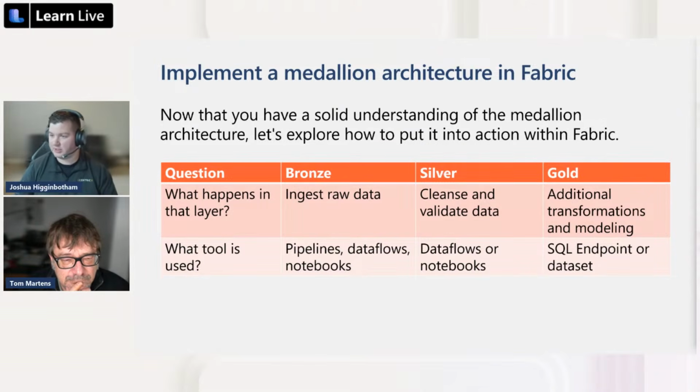As Tom mentioned, you have this hierarchical structure that you've defined within the medallion architecture that will lead you to your end data product, your data solution. We have to first create a lakehouse within Fabric. Once we do that, then we can set up these layers. For today's exercise, we're going to cover setting up the bronze, silver, and gold layer.